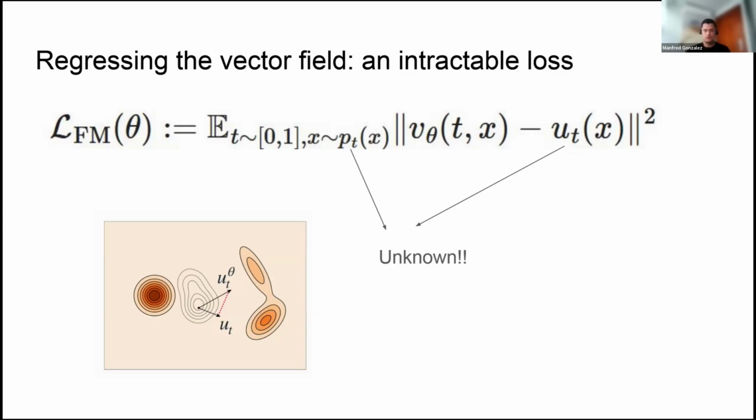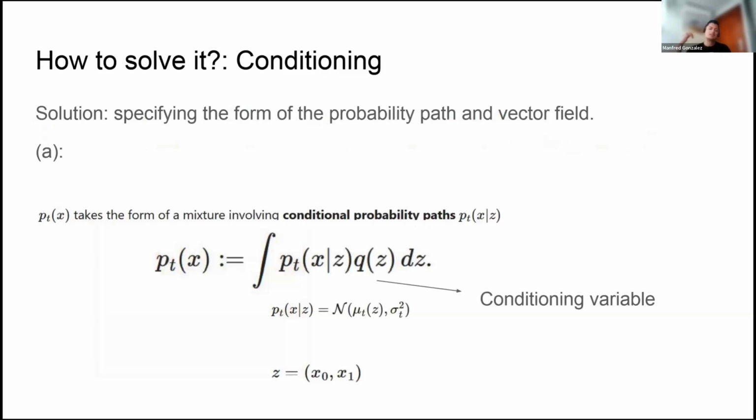The solution that they found was, in terms of math, that we can condition these marginal probability paths with known distributions. Basically they said, we can marginalize our probability path based on a conditional variable, Q of z, that is, you define the marginalization of PT of x given z by a normal distribution.